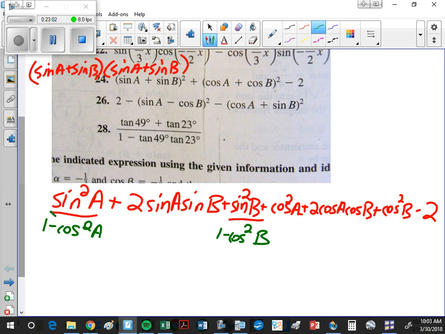I have a negative cosine squared A and a positive cosine squared A. And I have the B's. And then I have a 1 and a 1, which cancels the negative 2.